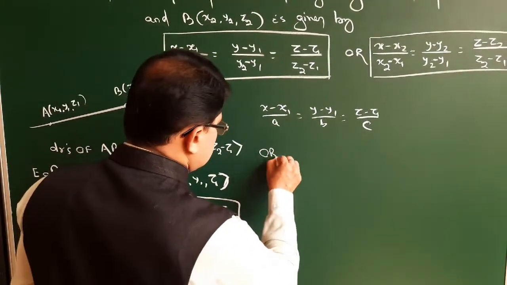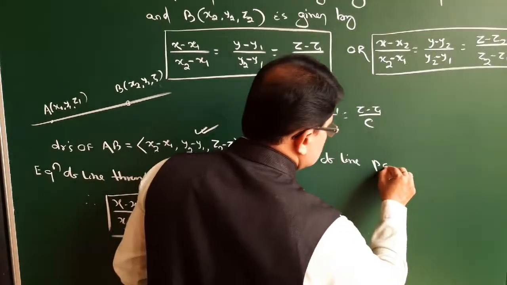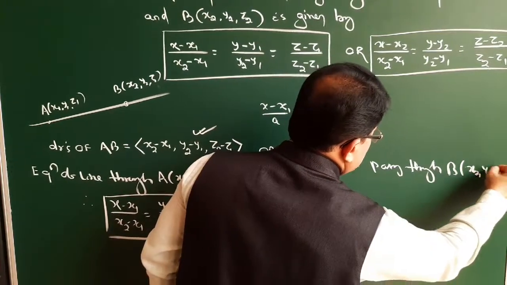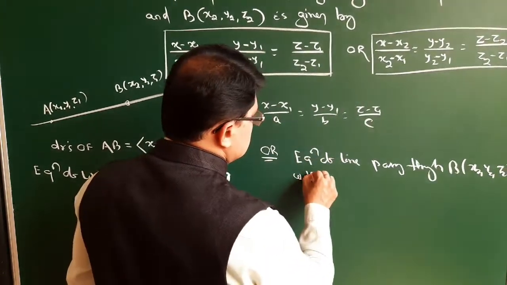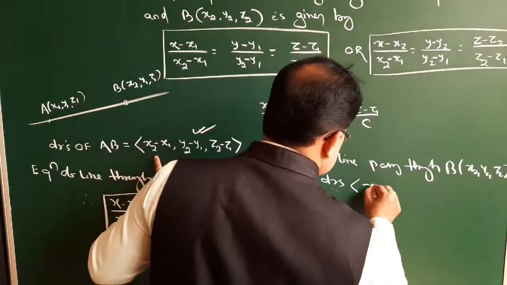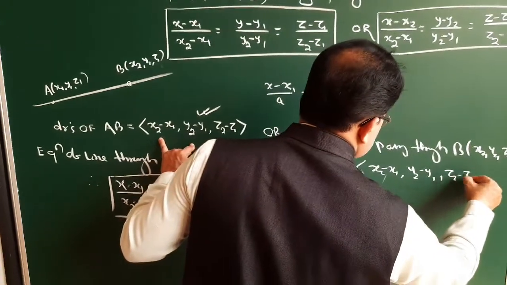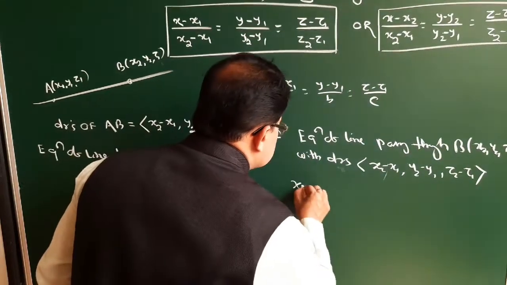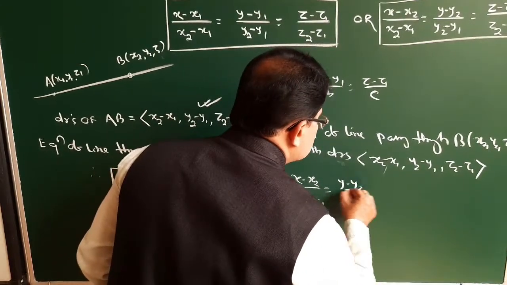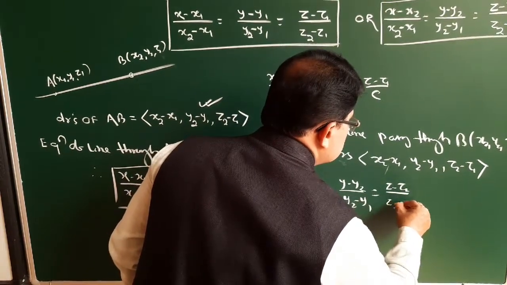Therefore, the equation of the line passing through point B (x2, y2, z2) with the direction ratios x2 minus x1, y2 minus y1, z2 minus z1 is (x minus x2) divided by (x2 minus x1), (y minus y2) divided by (y2 minus y1), and (z minus z2) divided by (z2 minus z1).